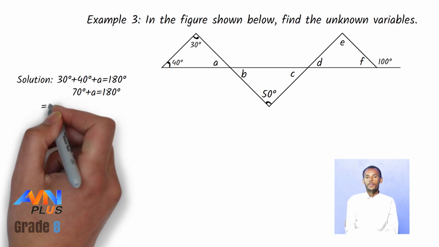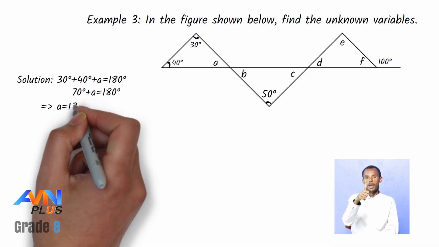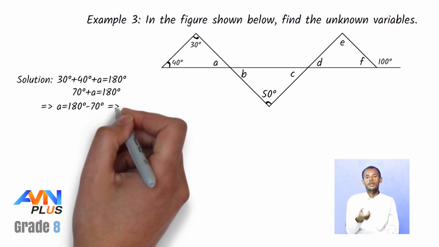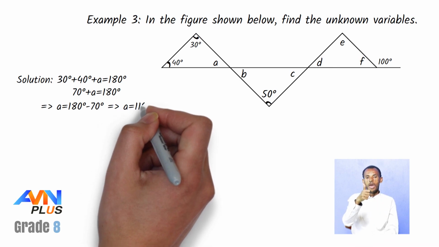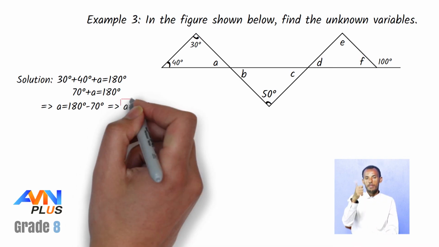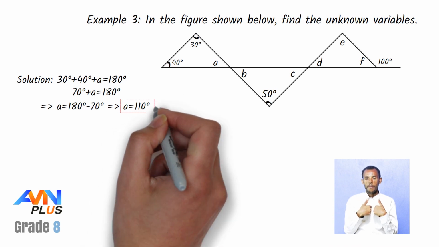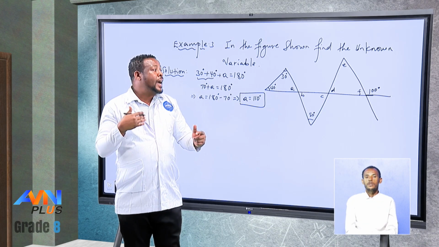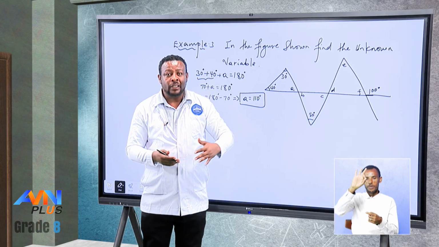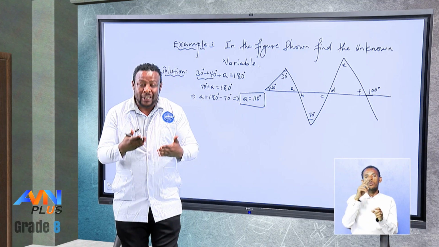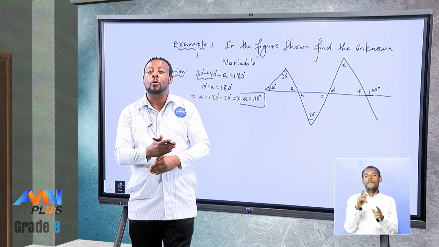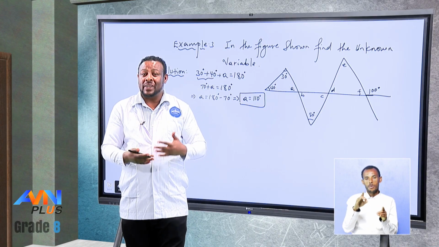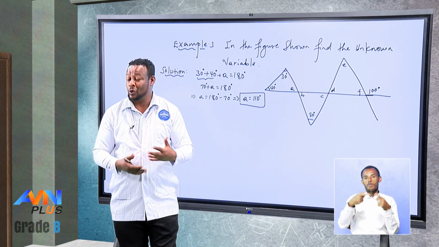So the value of A becomes 180 degrees minus 70 degrees. This implies A is 110 degrees. We have the value of A from this, right? To obtain this angle, you need to apply the concept of vertically opposite angles. Do you remember what vertically opposite angles look like?